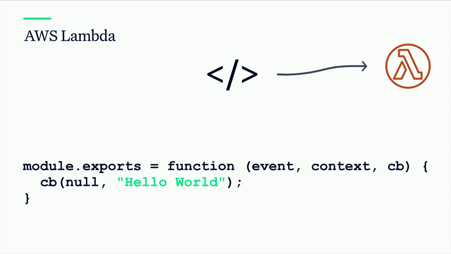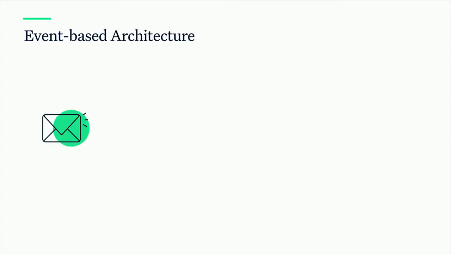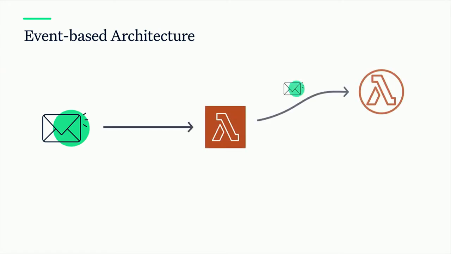And now, as you can see, this is an event-based architecture. So what's now happening when you receive such an event? It will go to the AWS Lambda service, and this will then make sure to instantiate a function instance. And it will then provide this data to your function.